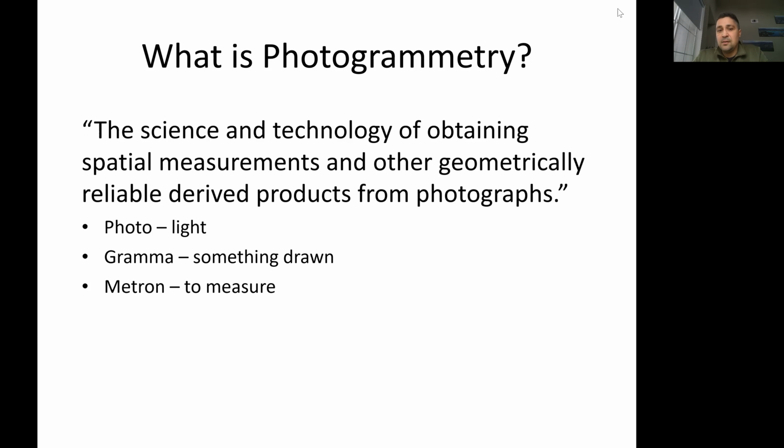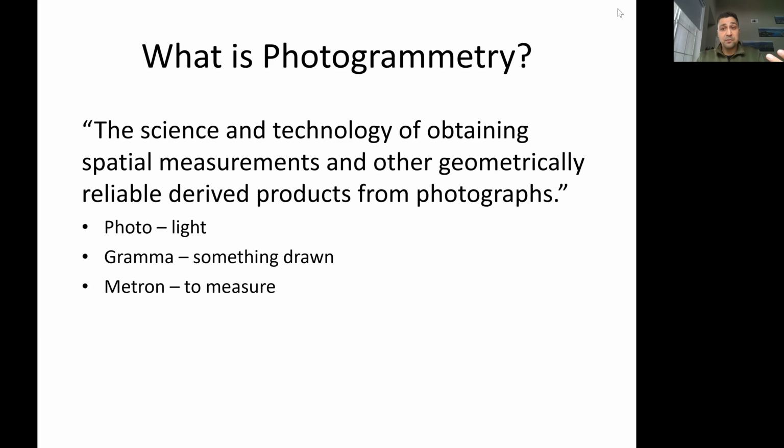So that means that we're going to use photos to build something or come up with something beyond just the photograph itself. Measurements are a really important component of this, because when things are geometrically placed in a precise manner, and we'll learn how that happens here, then proper measurements can be made.